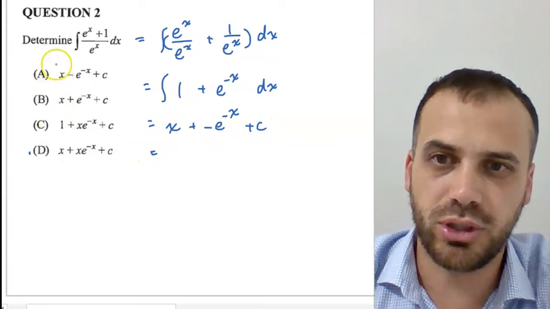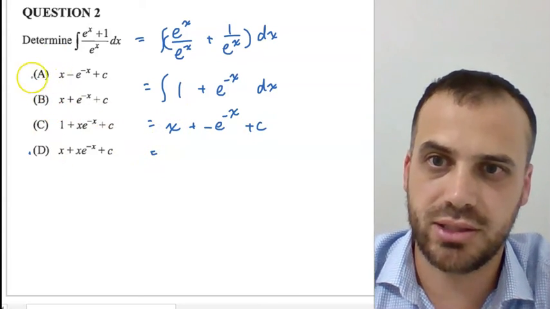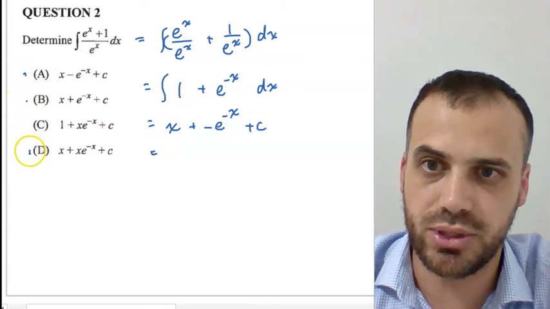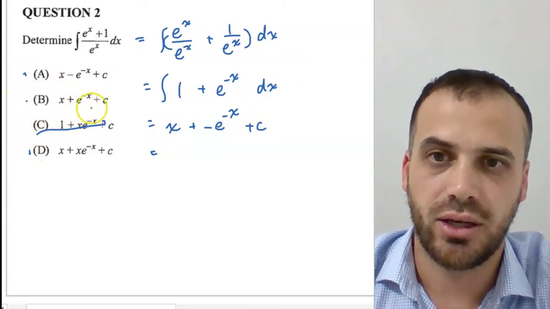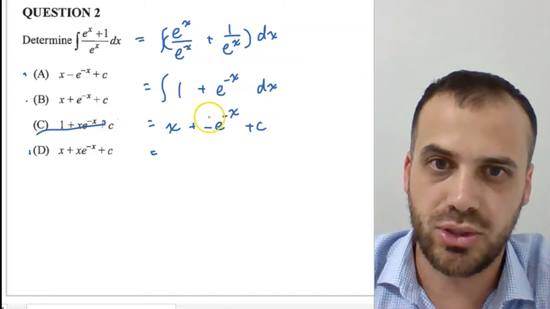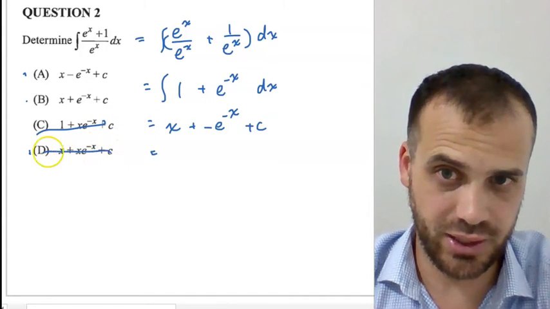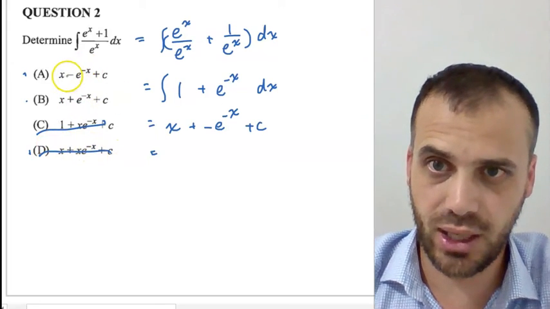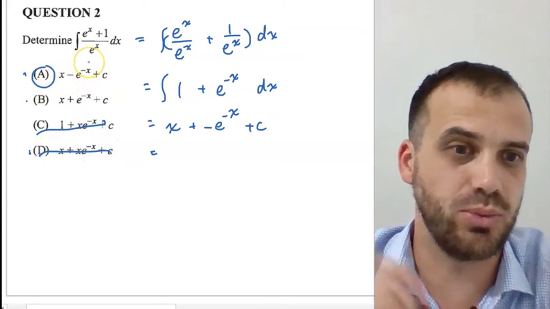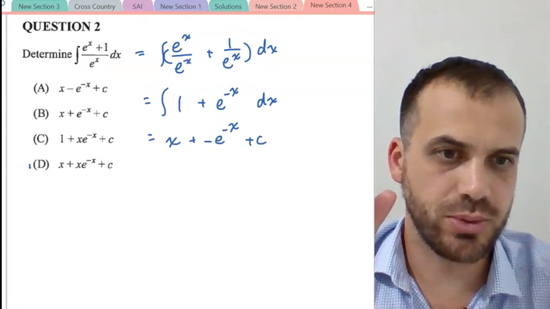Now I should look at my answers here. I've got this x, so it must be a, b, or d, so it's definitely not c. All right, and then I see this e to the power of negative x. This one has x times e to the negative x. It's definitely not that. That leaves me with this one here. That's the one I was looking for. That's about as far as we're going to go with that one.